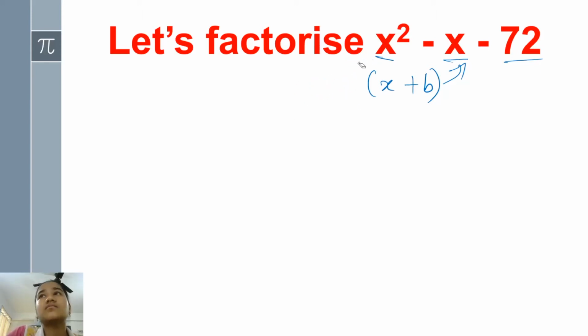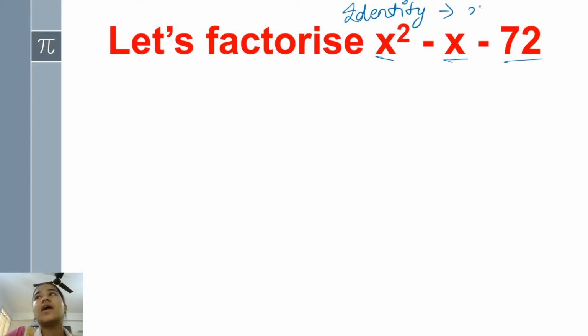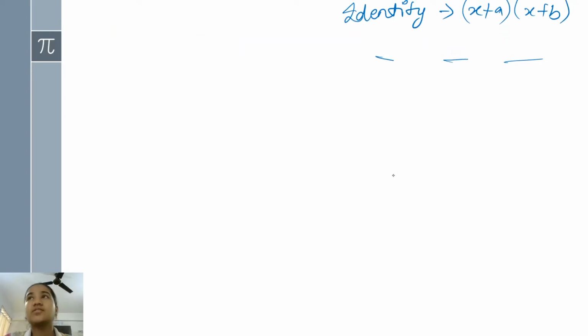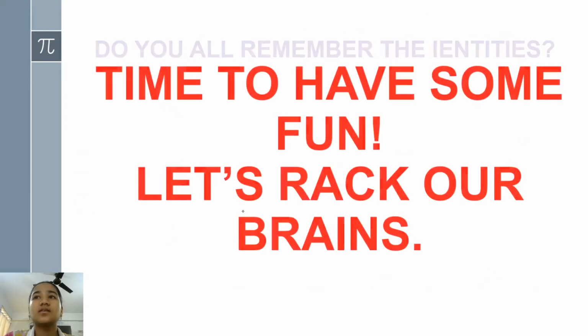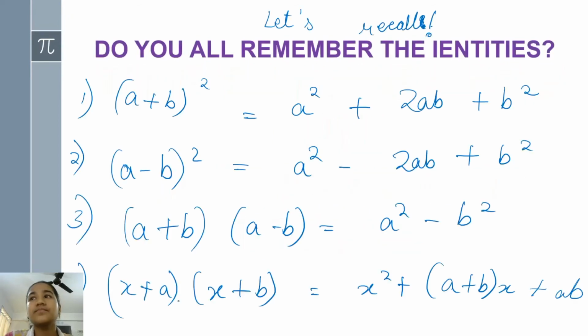So I hope I have just revealed which identity we have to use. Yes, the identity which we have to use is (x plus a) into (x plus b), which equals what? I hope you are pretty clear. Yes, so this is basically the identity which we have to use today.